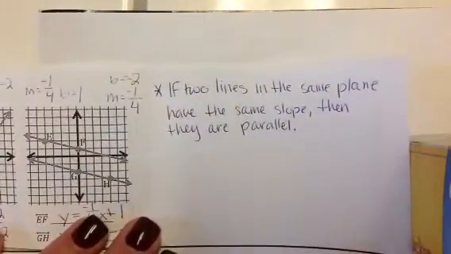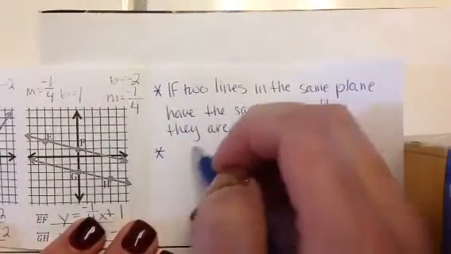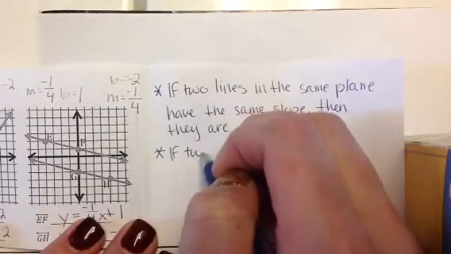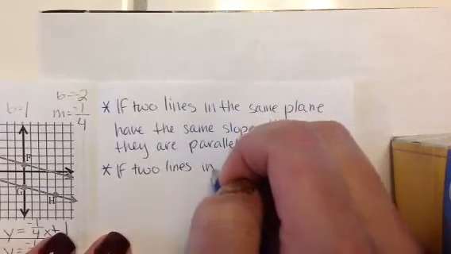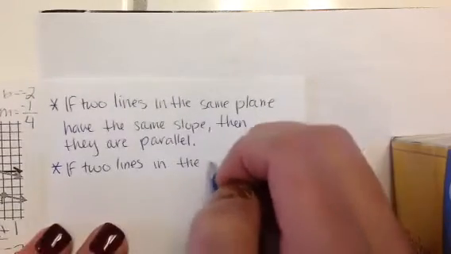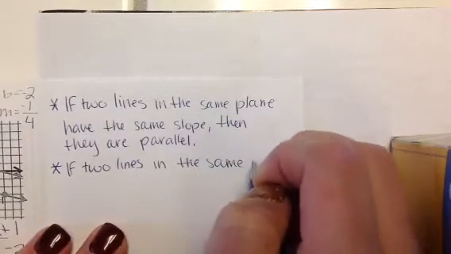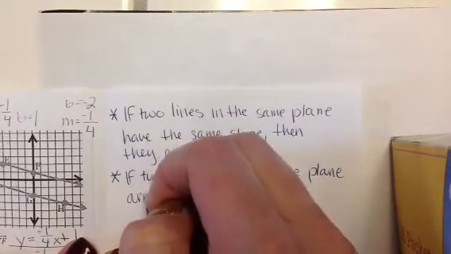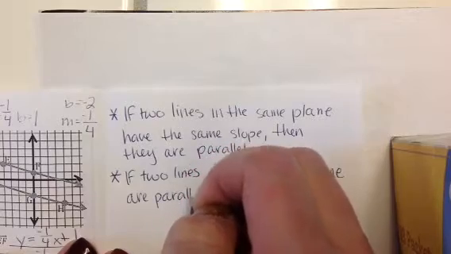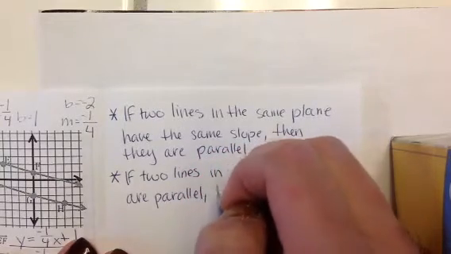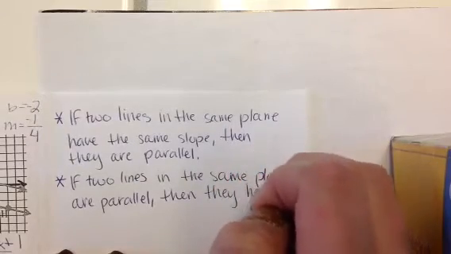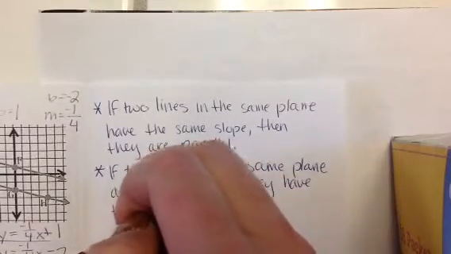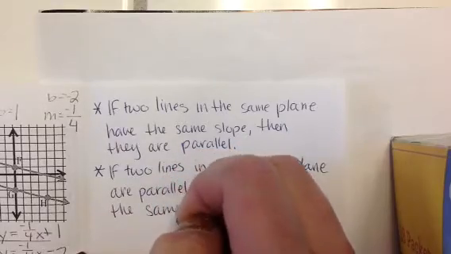The converse of this statement is also true. If two lines in the same plane are parallel, then they have the same slope.